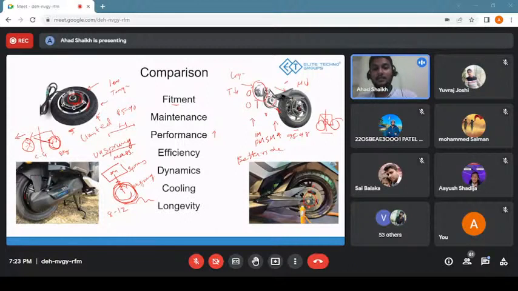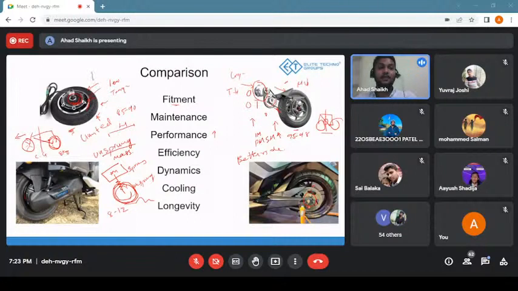And lastly, the longevity, which will last long, or which will be more robust when it comes to environmental conditions. The BLDC hub motor is completely exposed to the environment. As it is very close to the wheel and the ground, whatever dirt, mud or water is there will directly come in contact with the BLDC hub motor.